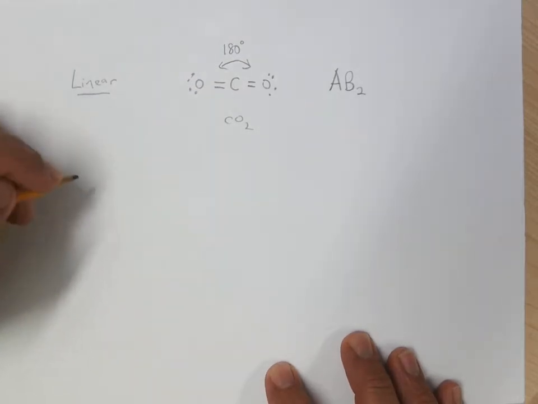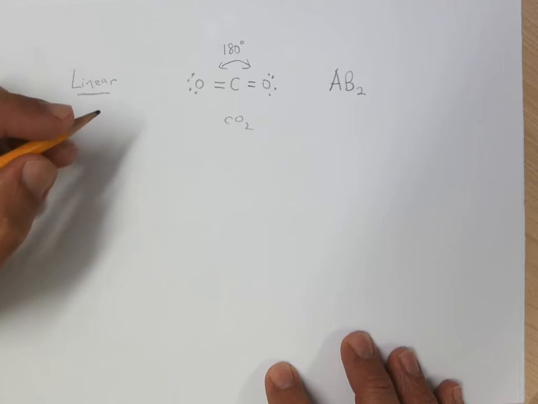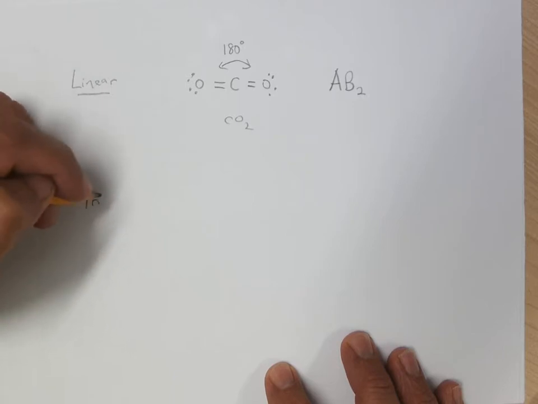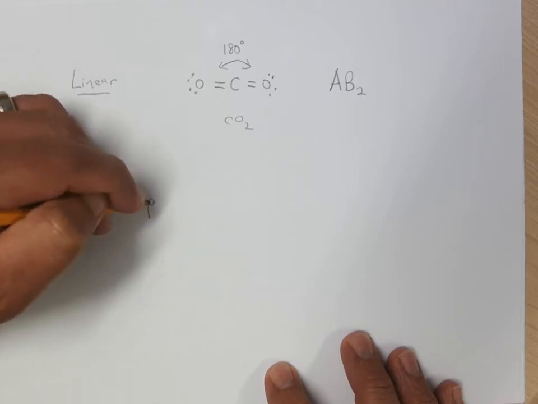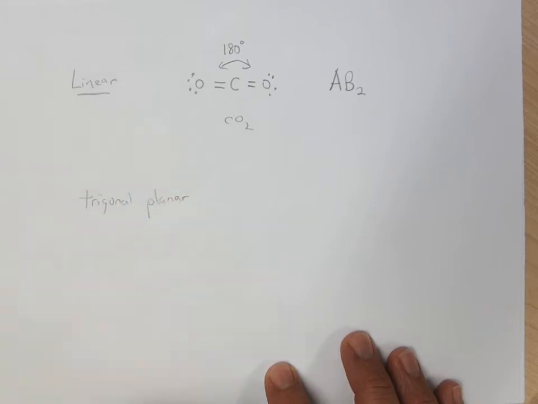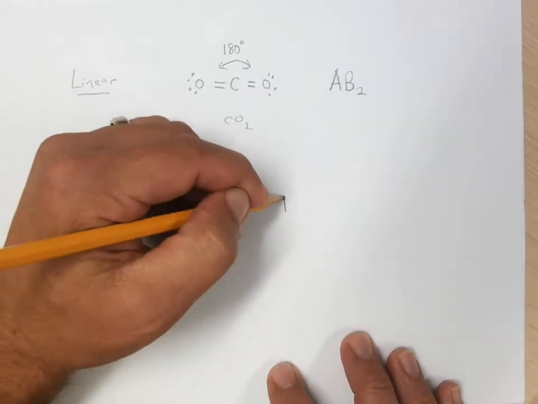And then if you go to the next electron domain geometry, you get trigonal planar. And so what would be a good example of a trigonal planar molecule?